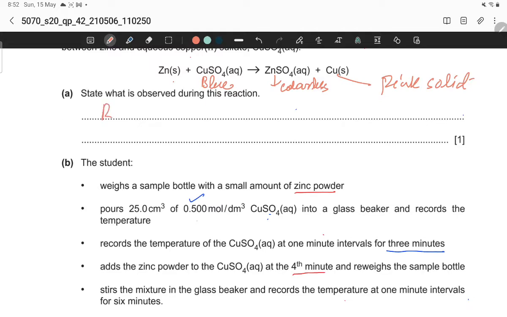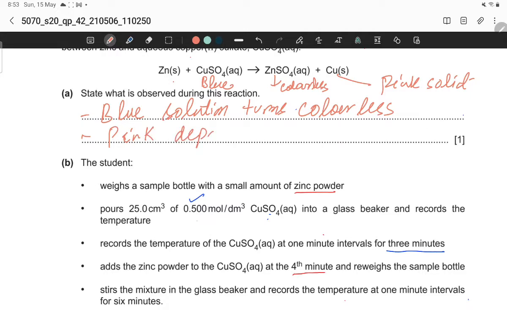So the blue solution turns colorless, and the other observation is pink deposits of copper.